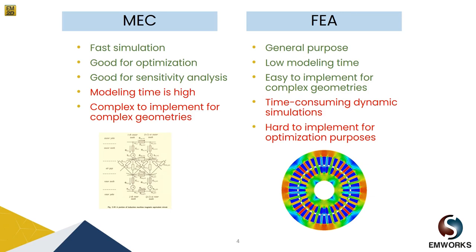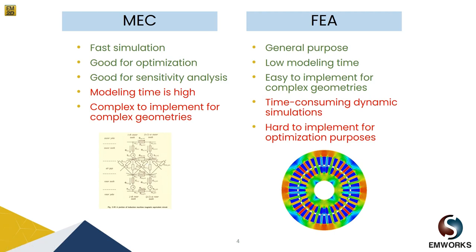So here you can see advantages of the magnetic equivalence circuit method. The solution time is low and the simulation is fast. For example, if you want to do dynamic simulation, right?